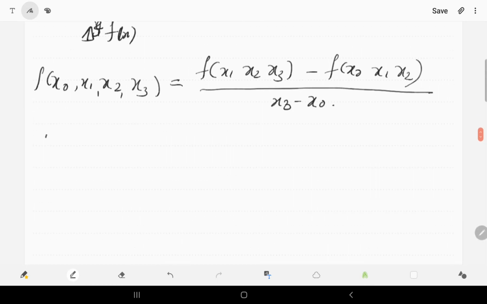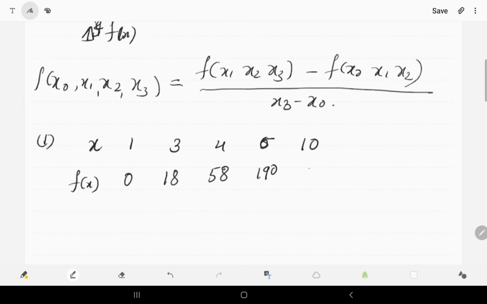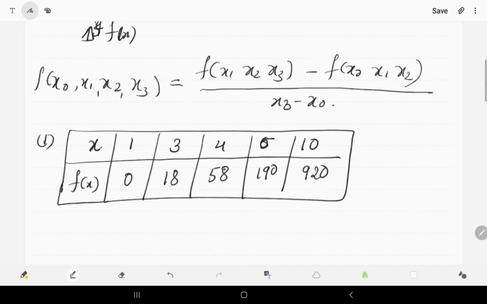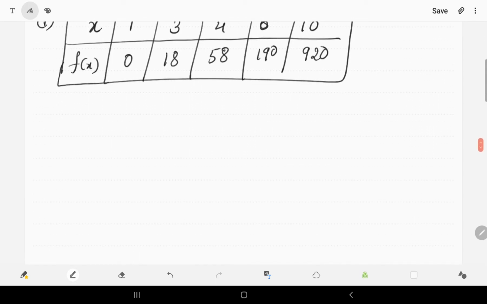Let us solve the first example. Prepare the divided difference table for the following data. The difference table, that is x and f of x, is given. Now we have to construct the divided difference table.